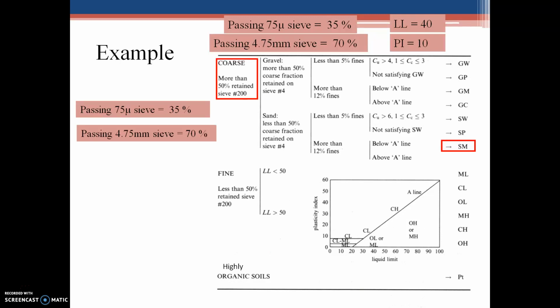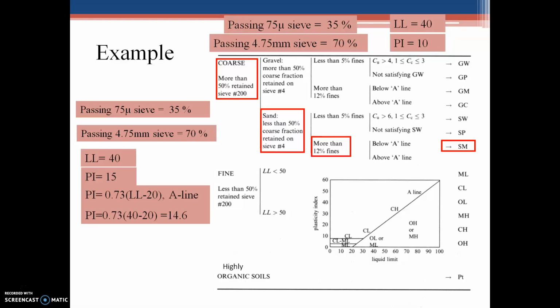Firstly, it will be coarse soil only because there is no difference in the classification of coarse grained soil of the Indian soil classification with respect to the unified soil classification system, and it is sand. Since it is more than 12%, it will be the soil or sand with fines.